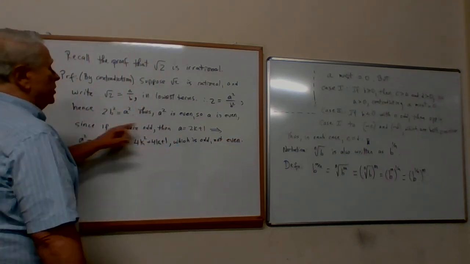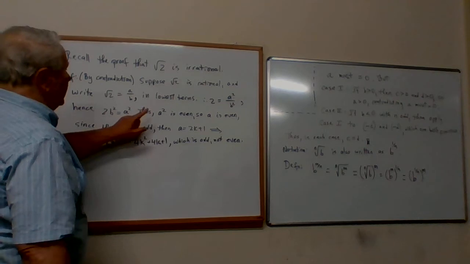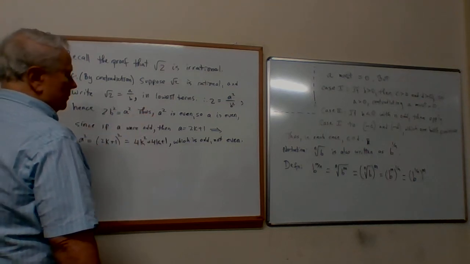Not even, and a squared is even. So if a squared is even, then a is even. All right?